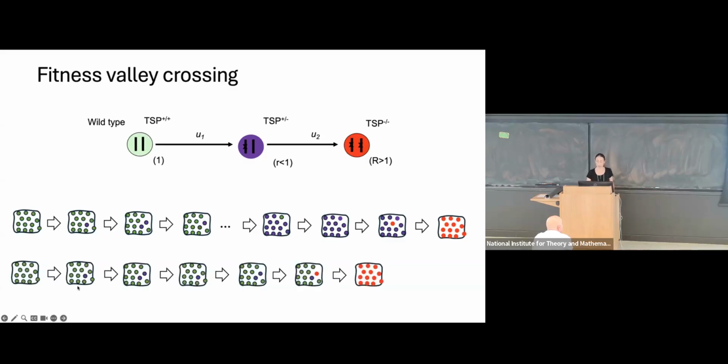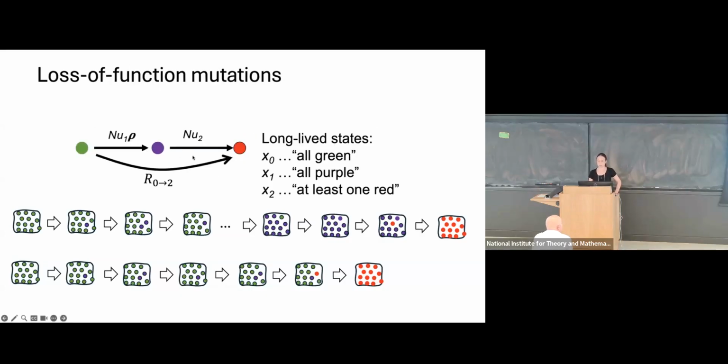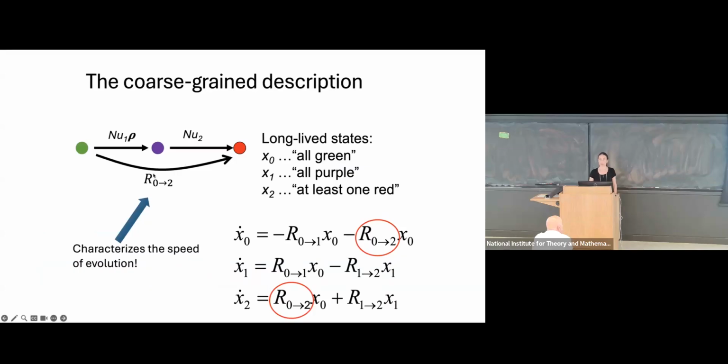More often than not, before the fixation of the purple types, you get the second mutation, and you get into the red mutants. This is what we call stochastic tunneling, and we looked at the speed of that process. So this is an approximation that we used, which I'll use later in my recent work, which is coarse grain approximation. You go from everybody green to everybody purple to everybody red. And you can calculate the rates of transition among these states.